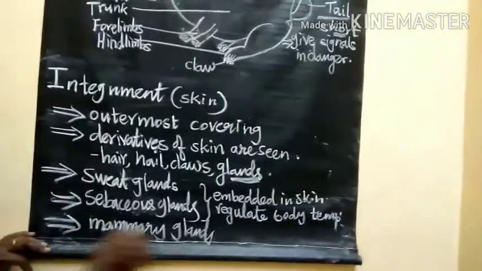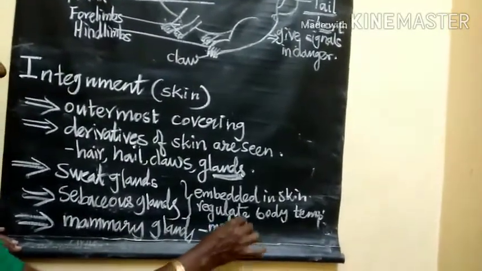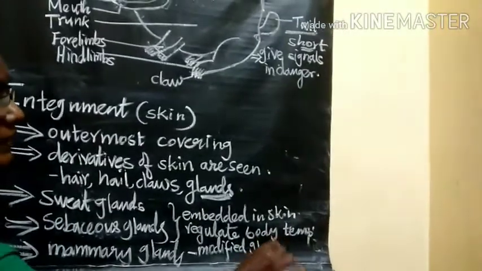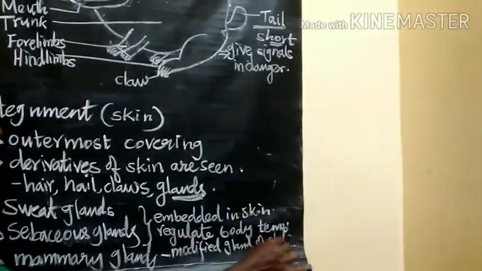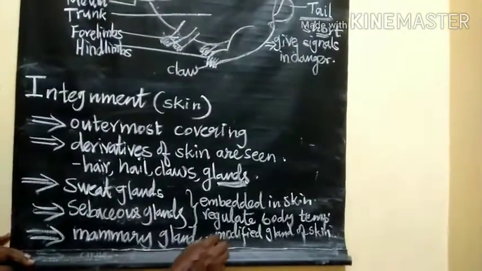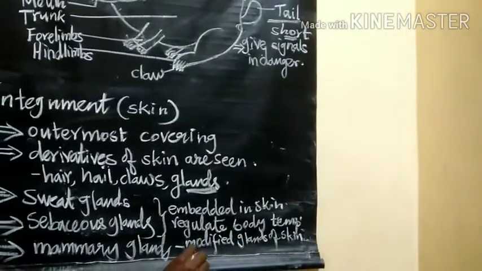And the mammary gland is a modified gland of skin. The mammary glands are modified glands of skin and they secrete milk.